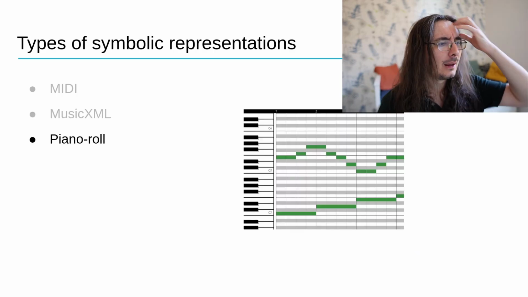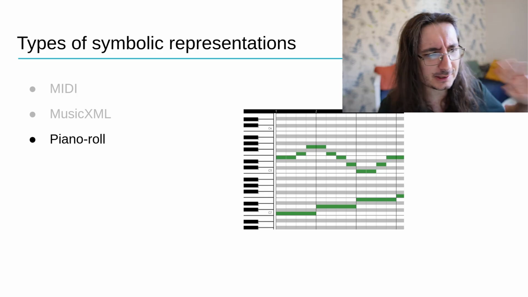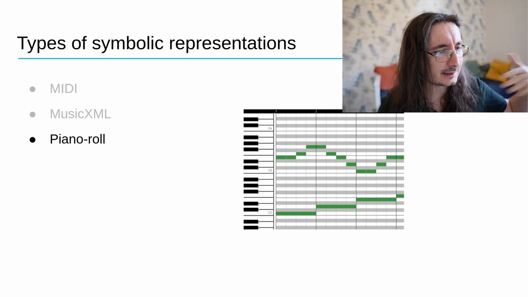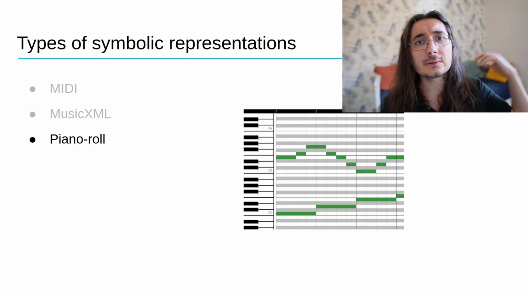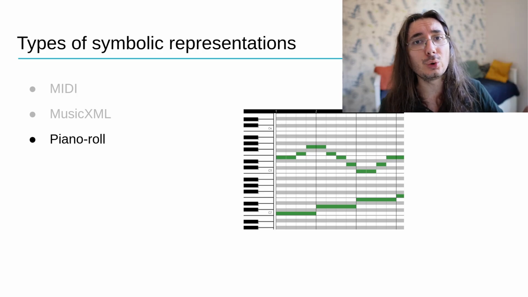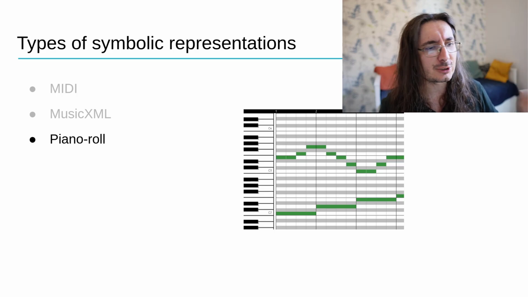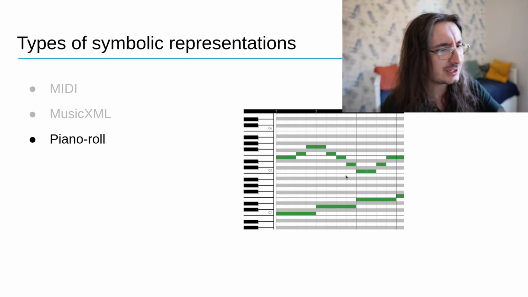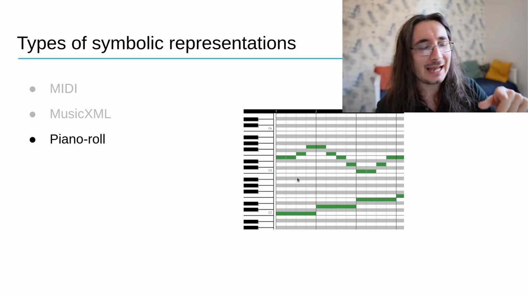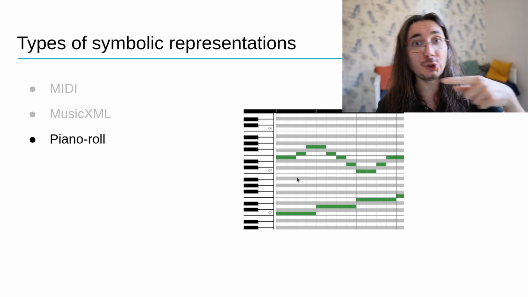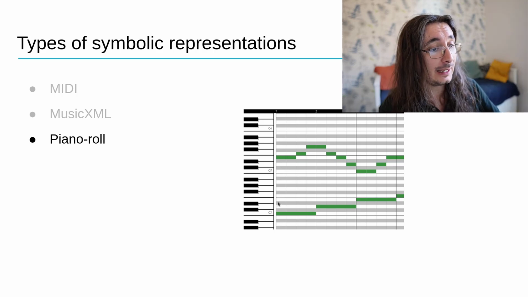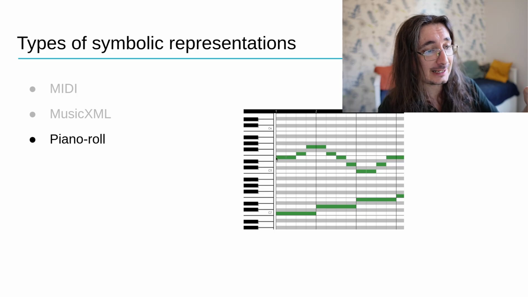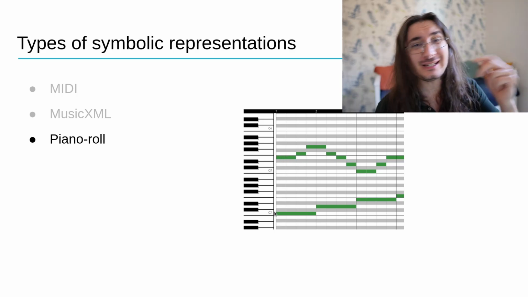Let's move on. Another type of symbolic representation that's overwhelmingly used is the so-called piano roll. If you've done any music production in any digital audio workstation, you will be familiar with this representation, because it's just the typical grid that you have in your DAW, where a note is an event in this grid, and you have basically two axes.